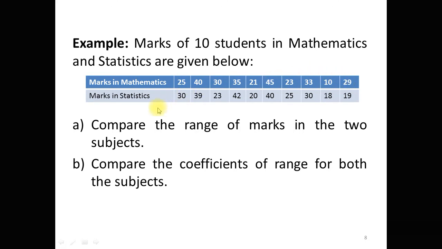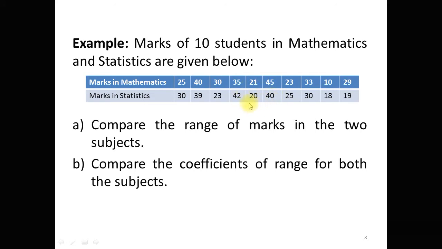And these are the marks of these 10 students in the statistics course: 30, 39, 23, 42, 20, 40, 25, 30, 18 and 19. Dear students, I have already told you that measure of dispersion tells us which data is more consistent.